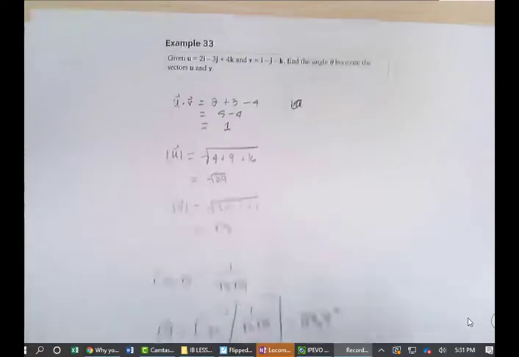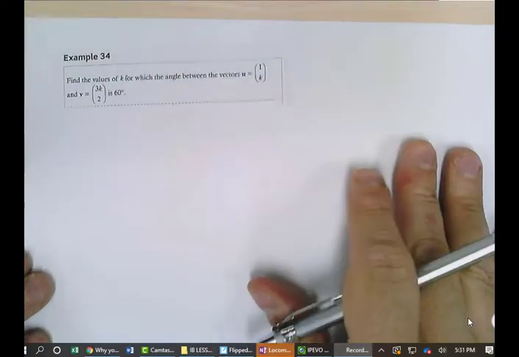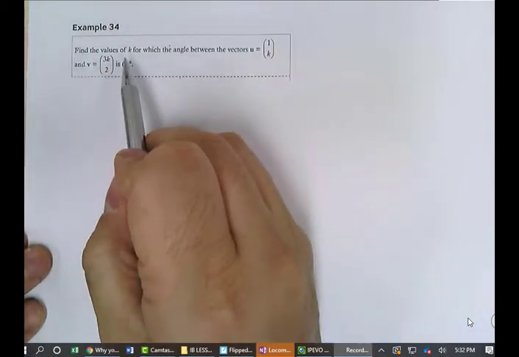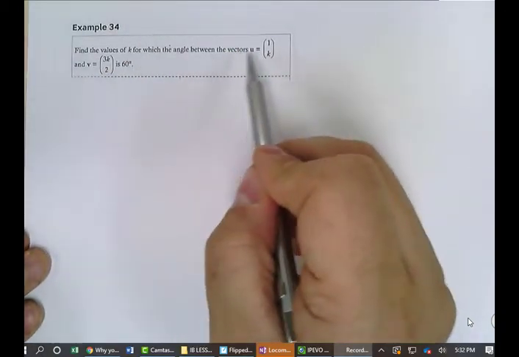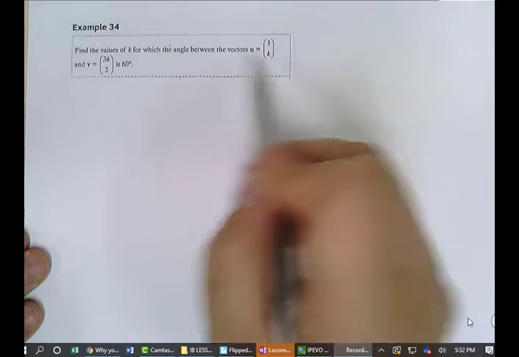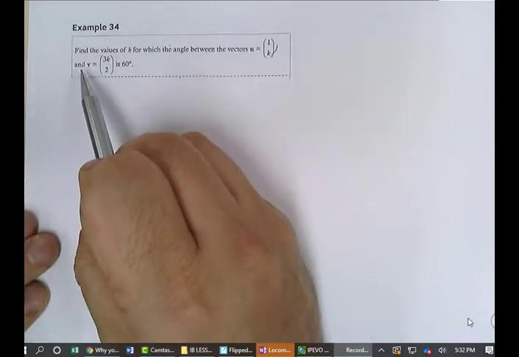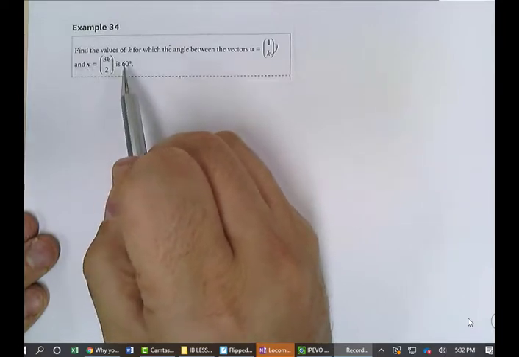Next problem we're going to look at is example 34, and it says find the values of k for which the angle between the two vectors u, which is 1, k, and v, which is 3k, 2, is 60 degrees.